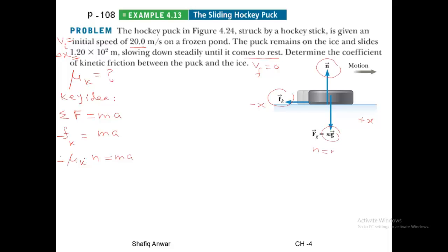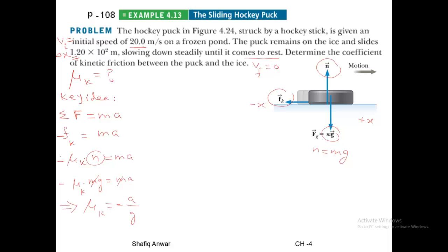So I would write instead of this n, mg, minus mu sub k. M goes with m, and I take this minus to the other side, okay. So mu k is equal to minus a over g.